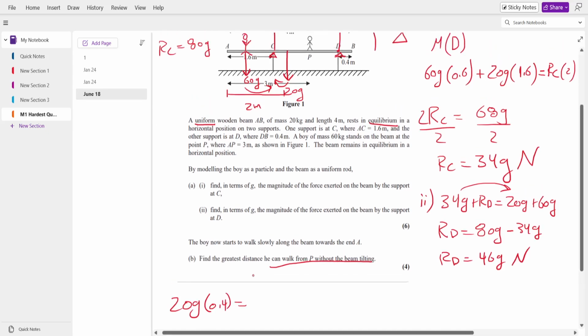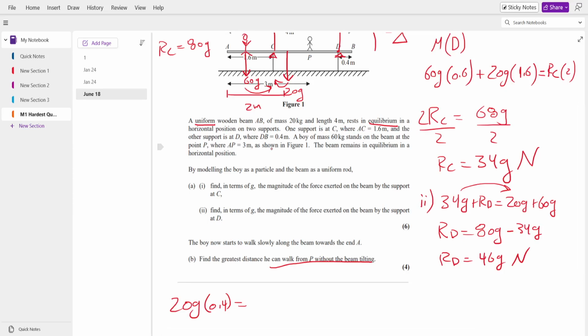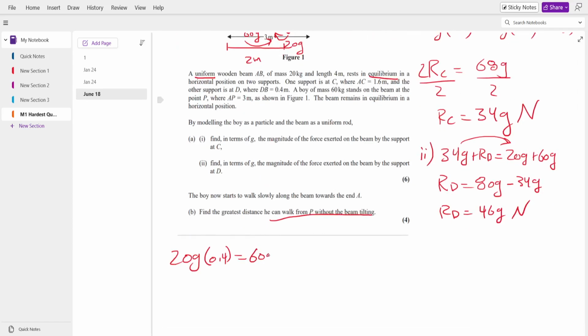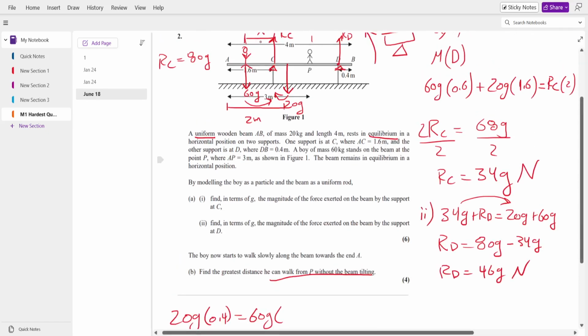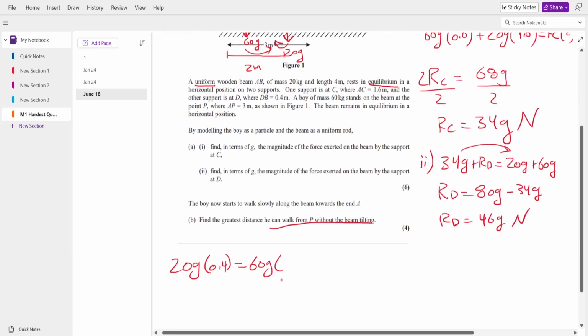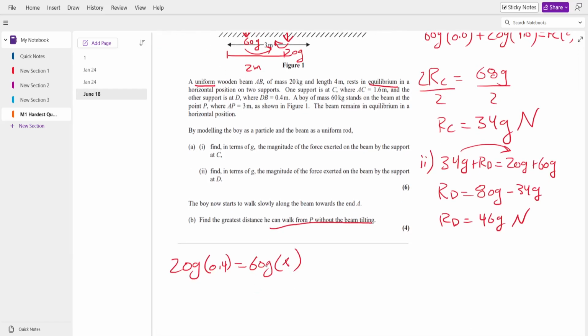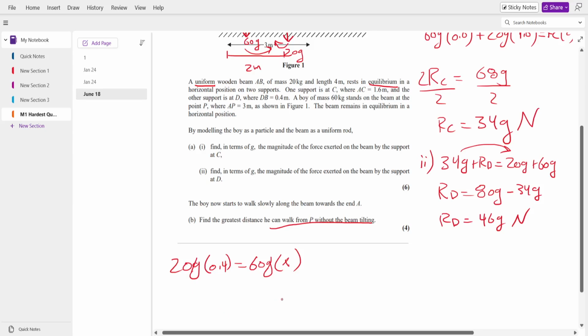This is supposed to equal, because we're still in equilibrium. If we're about to tilt, we're still in equilibrium. This is going to equal the 60G times my distance to C, which I just named over here as X. So G's can cancel, and from here I can find X as 20 times 0.4 divided by 60.